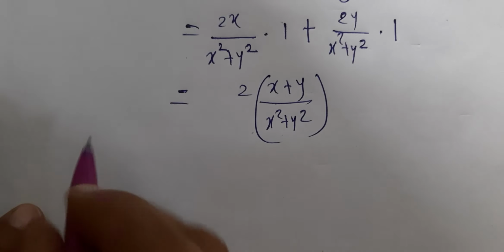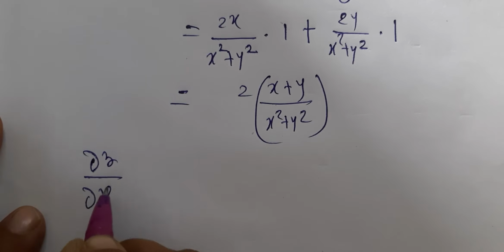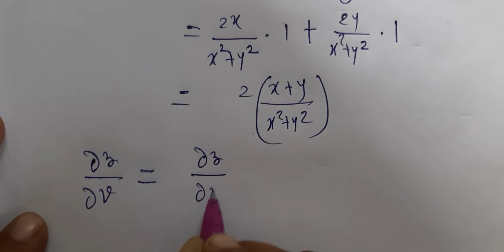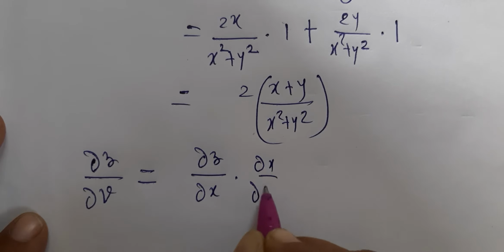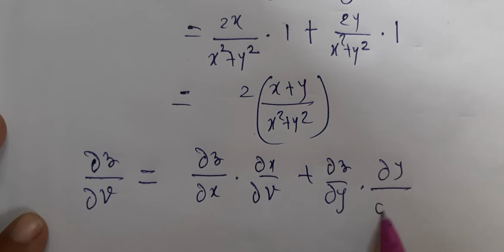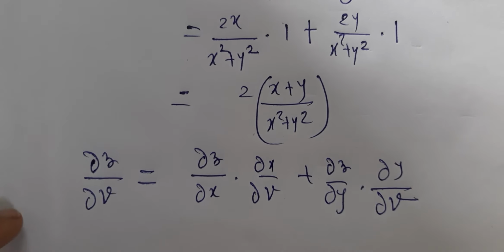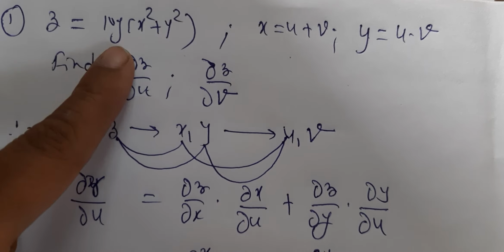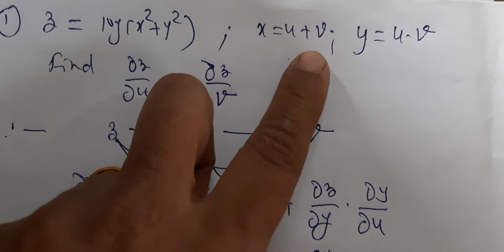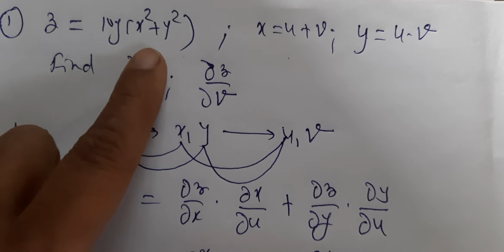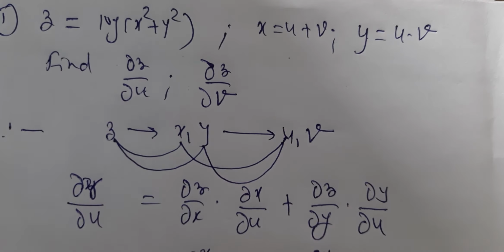And in exactly the same way you can find ∂z/∂v. It's again ∂z/∂x into ∂x/∂v plus ∂z/∂y into ∂y/∂v, and I hope you all can do it now. ∂z/∂x, you know, is 2x upon x square plus y square, and ∂x/∂v is 1, plus ∂z/∂y is 2y upon x square plus y square, and ∂y/∂v is minus 1.